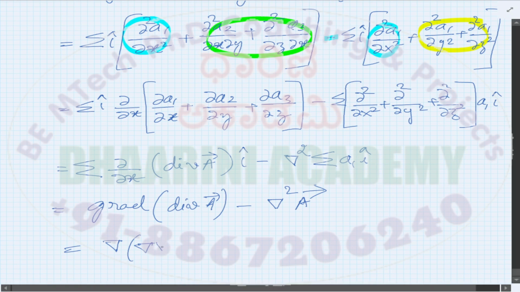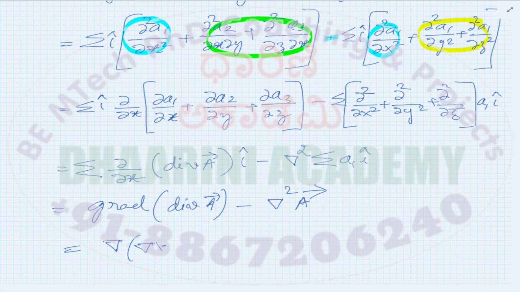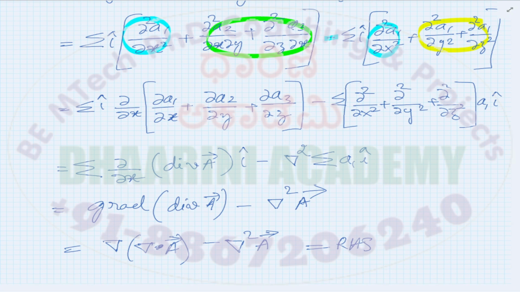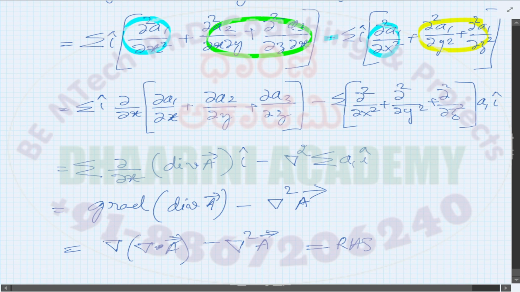This is del dot A minus del square vector A. This is the RHS, the right hand side of the given identity. So that is an important theorem to prove.